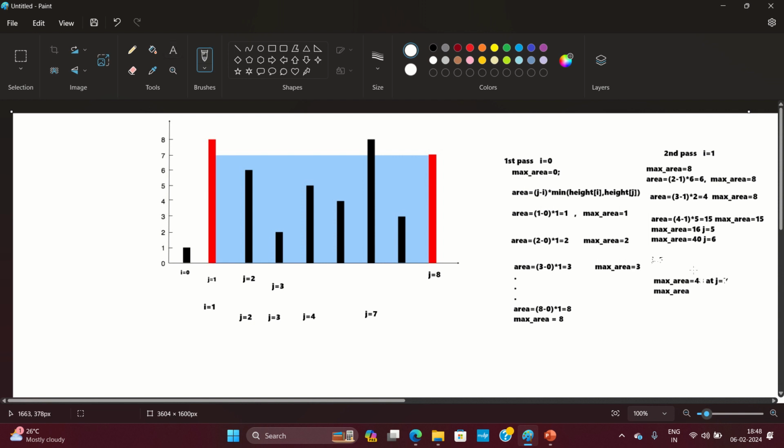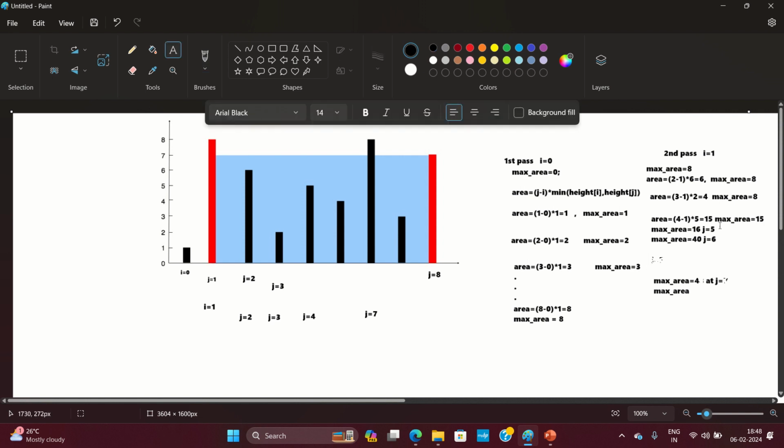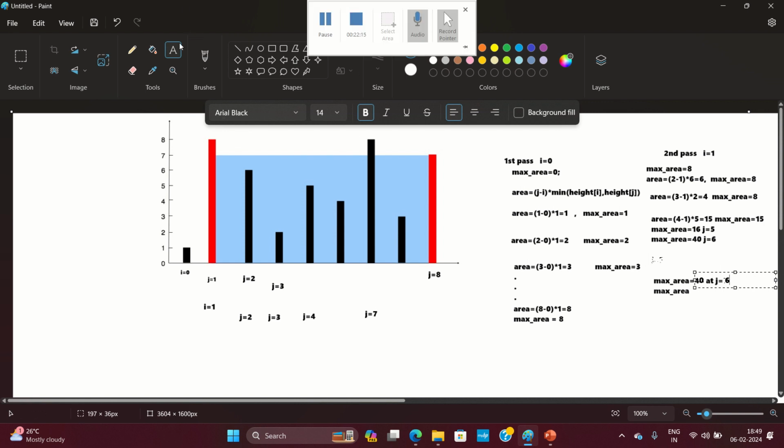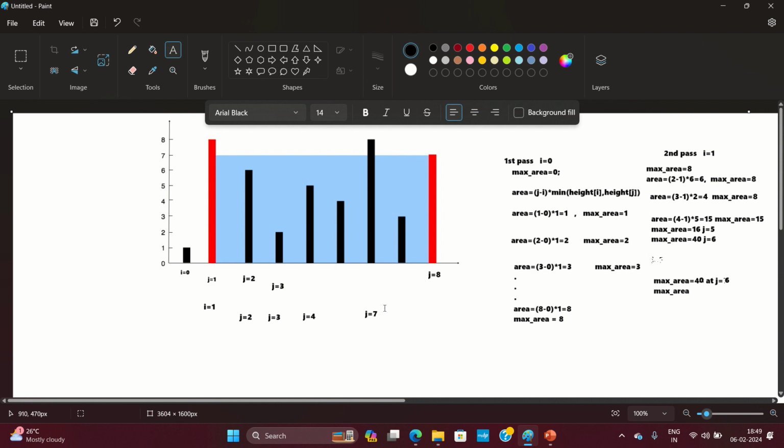This should be 40. And this will be 6. At j is equal to 6, 6 minus 1, 5, and 5 into 8 is 40. Okay, so my bad, please don't consider. Those are silly mistakes that happen.